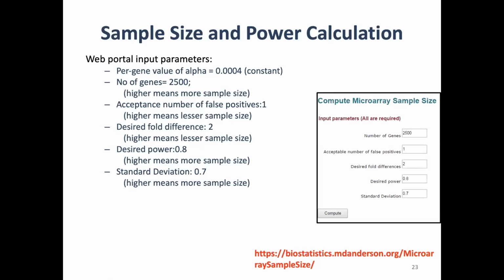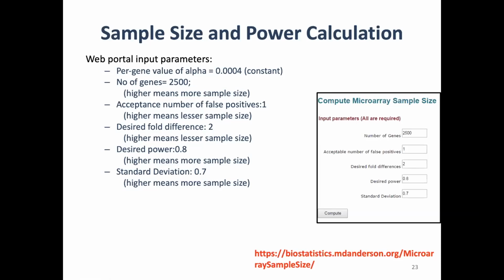The more genes you have, the more sample size you need to get the same power. Also the number of false positives you are accepting: if you accept more, then you can go with a smaller sample size to get the same power.